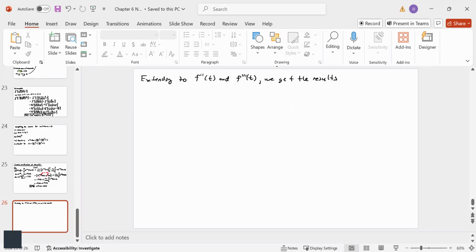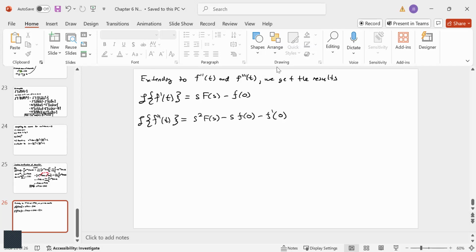So just to have them all together, we get s F of s minus f of 0. And then the Laplace transformation of f double prime of t is equal to s squared F of s minus s f of 0 minus f prime of 0. So notice that the s F of s minus f of 0 is slightly carried over in the next process.